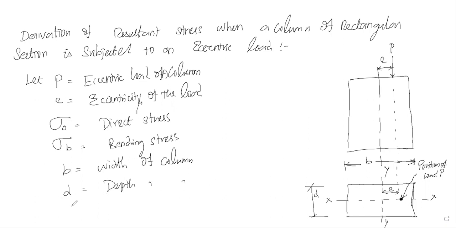Now the area of the column is equal to A, that is equal to breadth into depth. Now what we have to calculate is the moment due to eccentricity of load, because of the eccentric load.